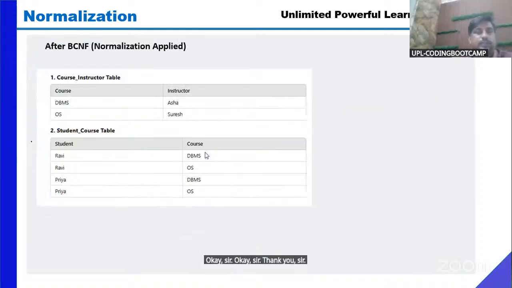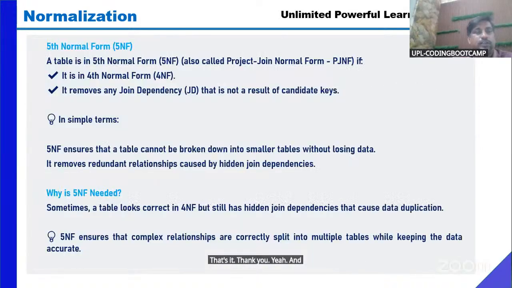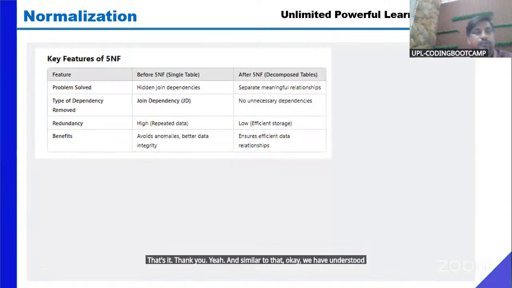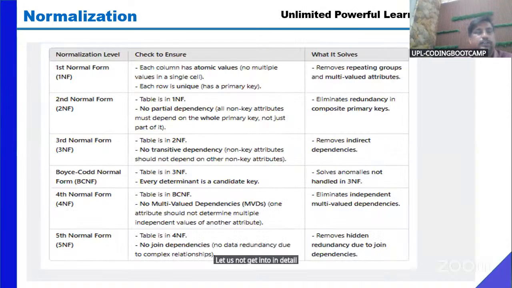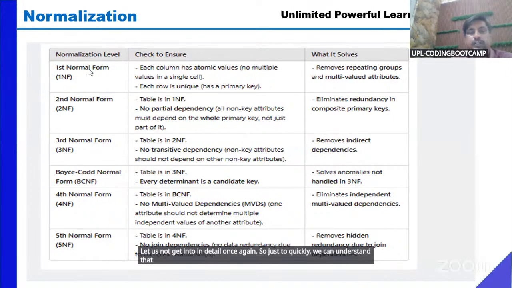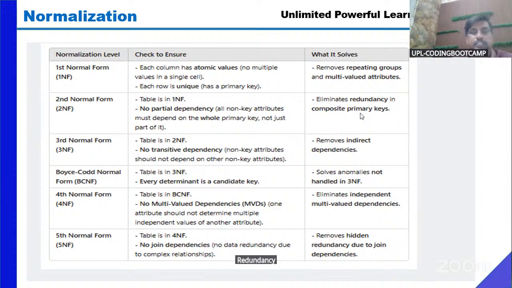We have understood fifth normal form. Let us not get into detail once again, just quickly recap. First normal form is atomic values; it removes repeating groups or multi-valued attributes. Second normal form has no partial dependencies; it removes redundancy in composite primary keys. Third normal form removes indirect dependencies.